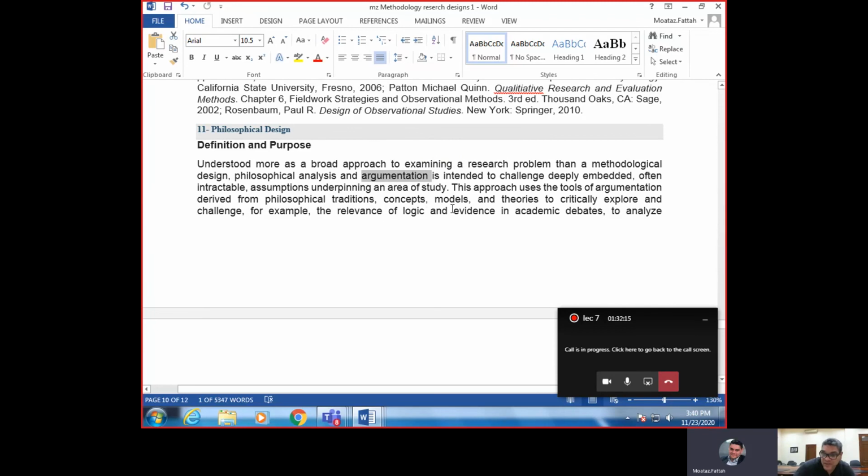How different researchers, even philosophers, approached certain phenomena. Like for instance, you can claim that Hobbes or Hobbesian analysis is adopted by most security apparatus in the world.